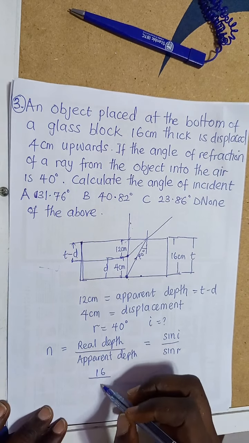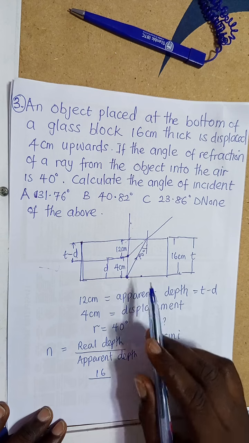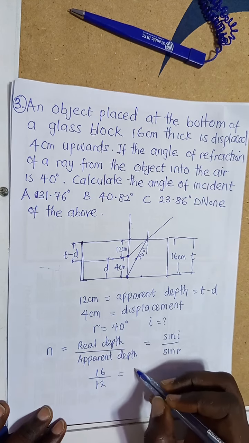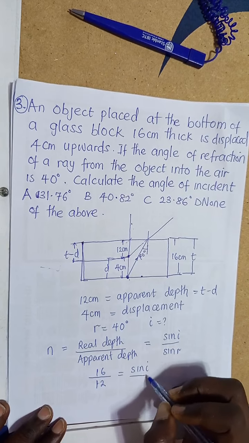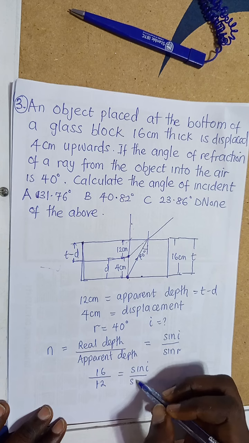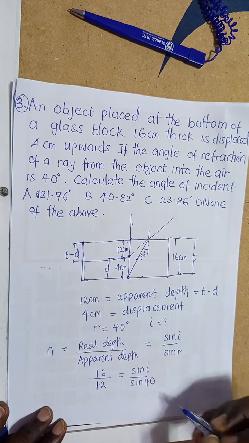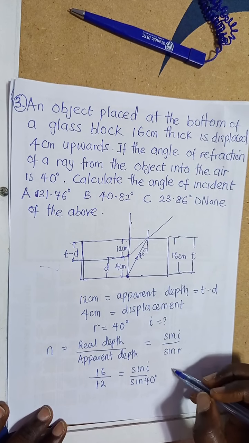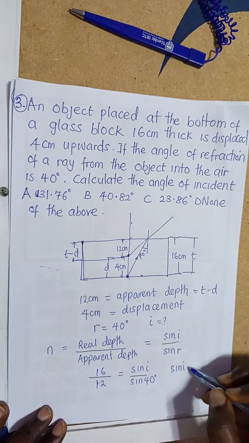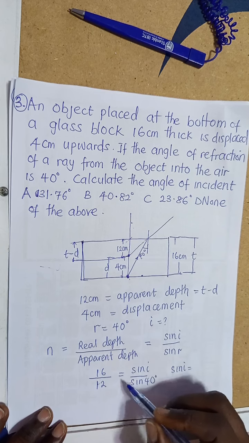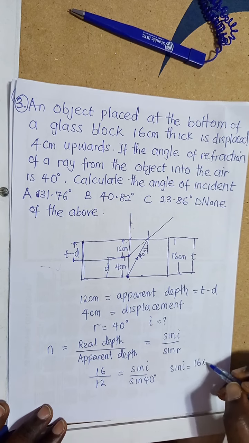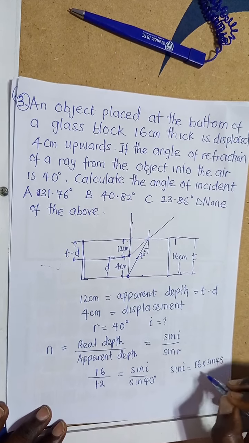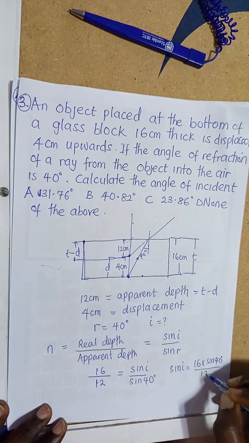So 16 divided by the apparent depth, 12, equal to sine i over sine 40 degrees. What I want to do now is make sine i the subject. So sine i equals sine 40 multiplied by 16, divided by 12.